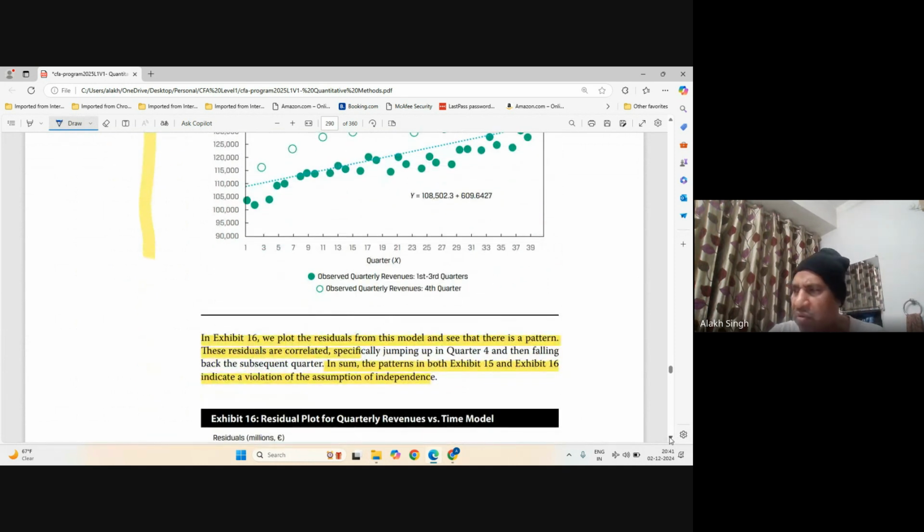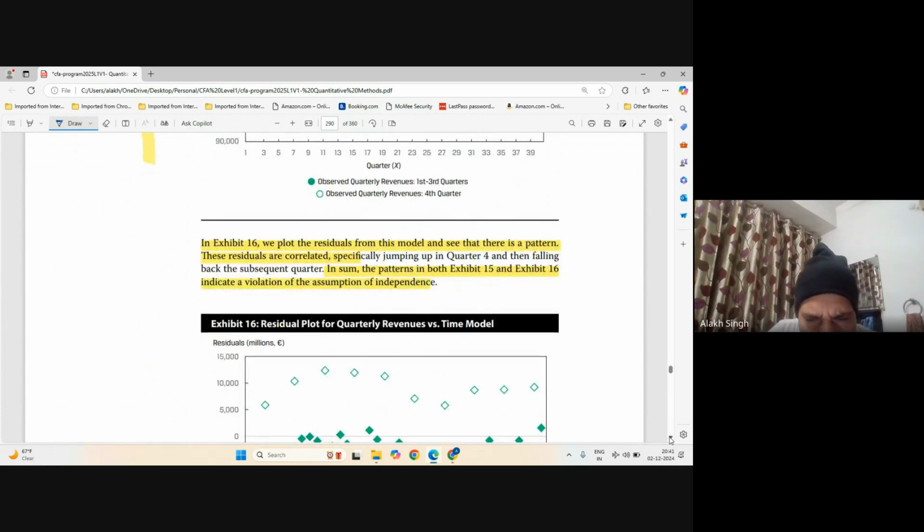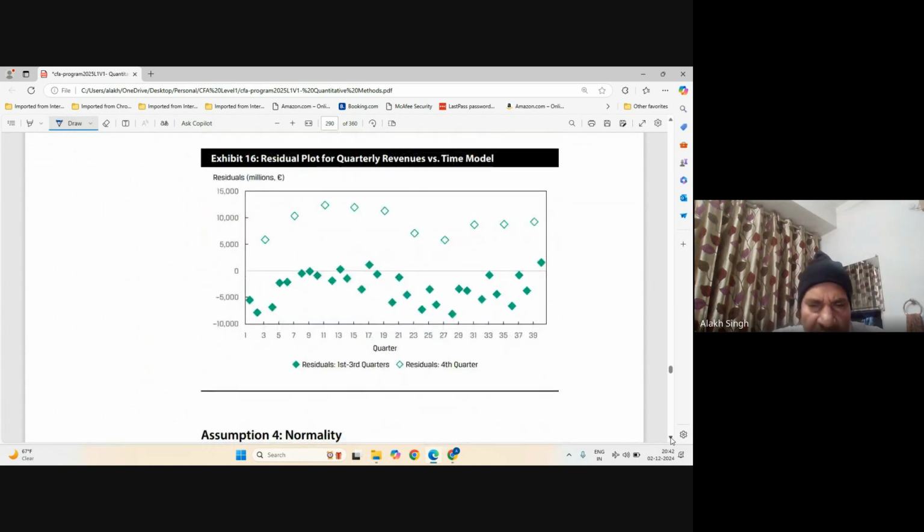So X and Y are correlated in the sense that in the fourth quarter, Y will be higher, and in the other three quarters, Y will be lower. Now what is this? In Exhibit 16, residual plots means error terms are being plotted. That was the plot of X and Y variables, and here we are plotting the error terms.